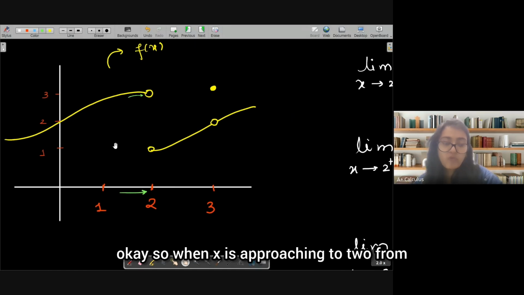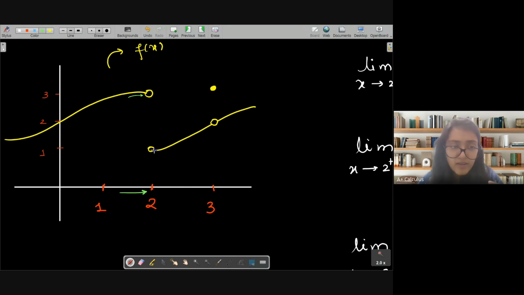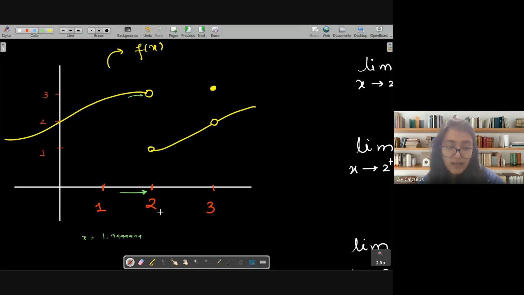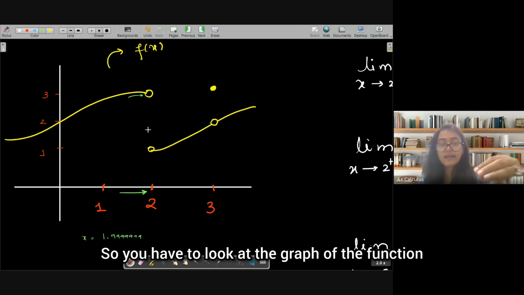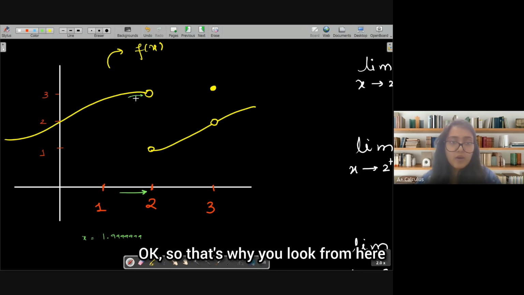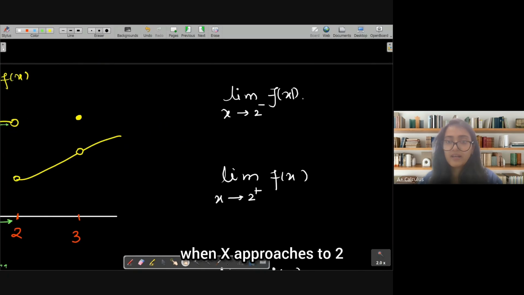You don't have to look here, because when you approach 2 from the left side, that means x is 1.9999999. So you have to look at the graph from the left side of 2, not from the right side. That's why you look from here, and the limit is 3 when approaching from the left side. So the left-hand limit when x approaches 2 is 3, everybody.